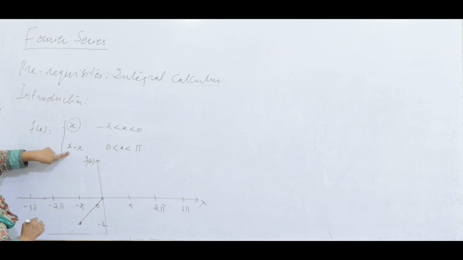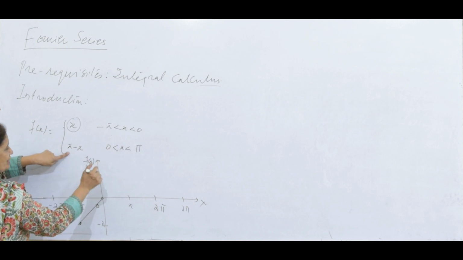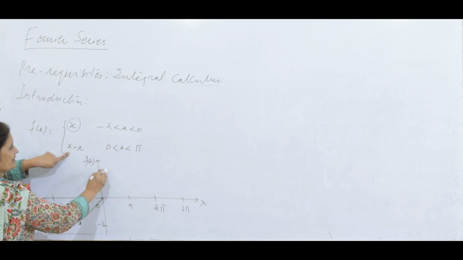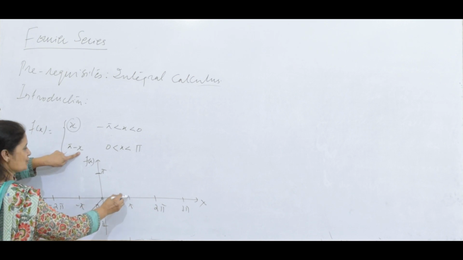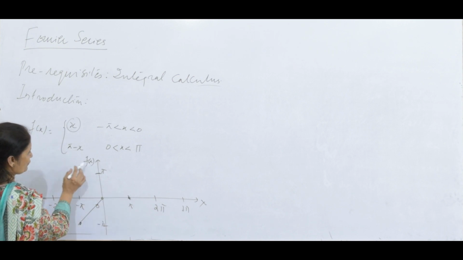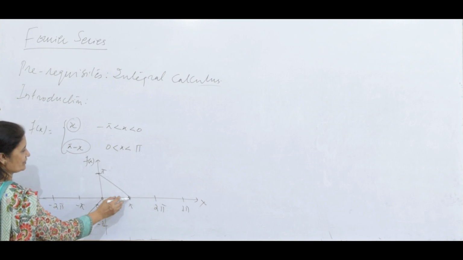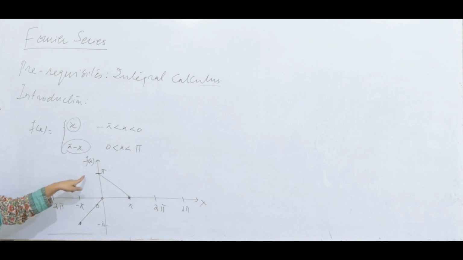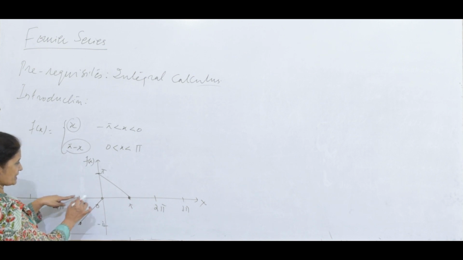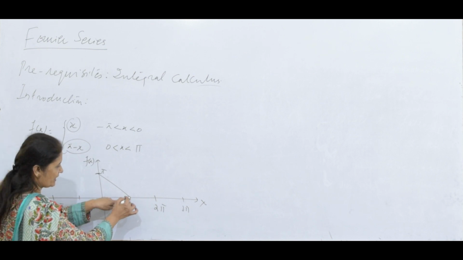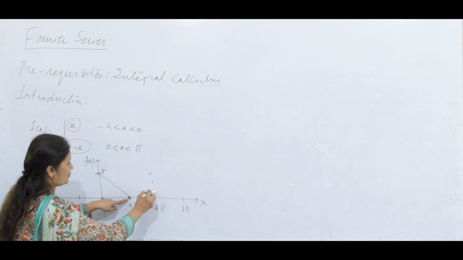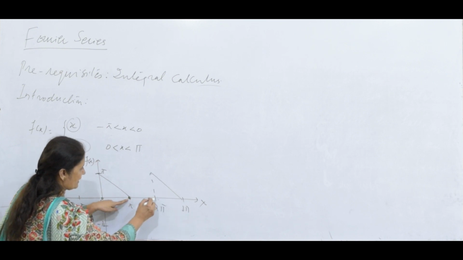Come to the next. When x is 0, it is pi. This is pi. When x is pi, it is 0. So again a linear function there, so you can have a straight line like this. So this function is piecewise continuous. This is minus pi to pi, total length 2 pi. Here pi to 3 pi, you are going to sketch this and this.